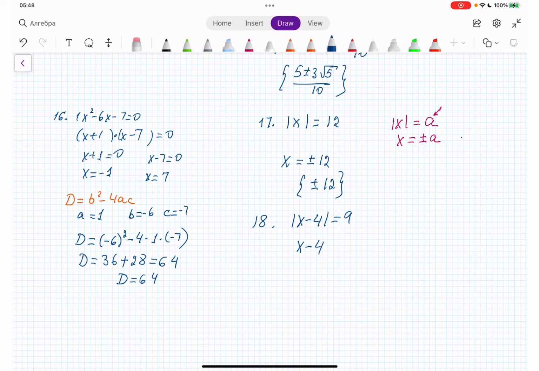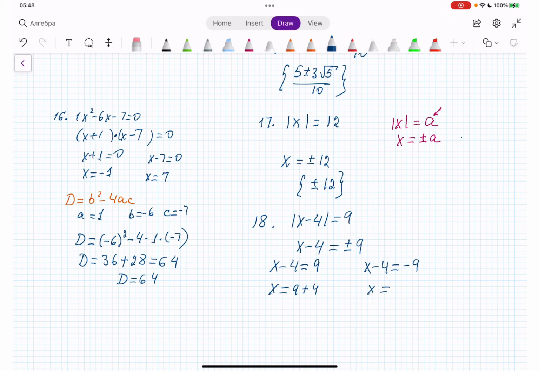So it's going to be positive 9 and negative 9, right? So from here, x minus 4 equals positive 9, x minus 4 equals negative 9. And this x is going to be equal to 13, 9 plus 4, because we move this 4 to this side, it's going to be positive.